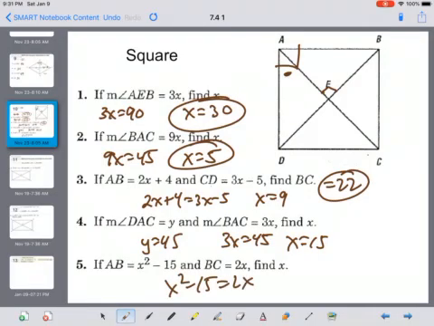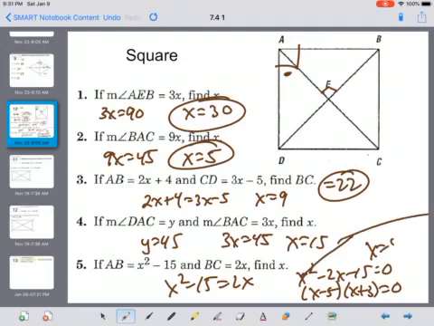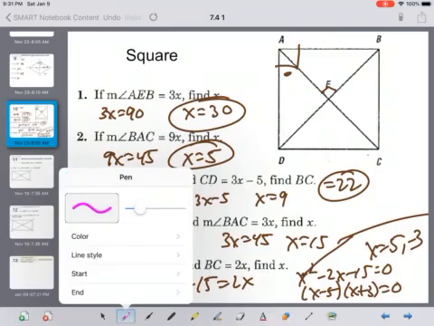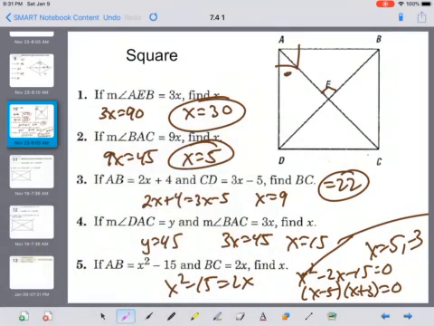Set them equal to each other. And then we get to factor here. And we get 2 answers for x on the bottom there, which are 5 and -3. But it cannot, in this case, equal a negative x value because it would give us a negative side value.